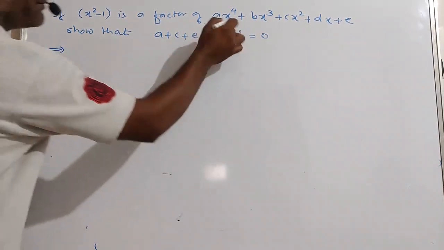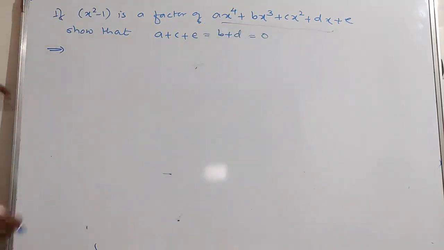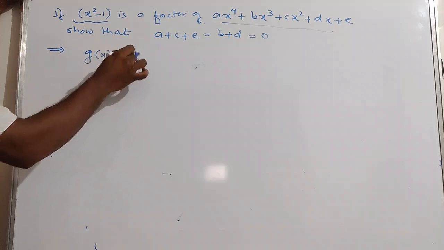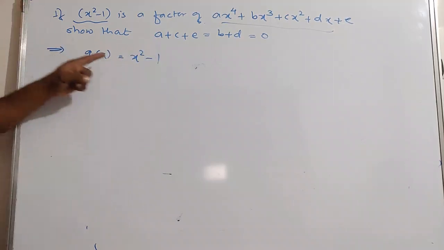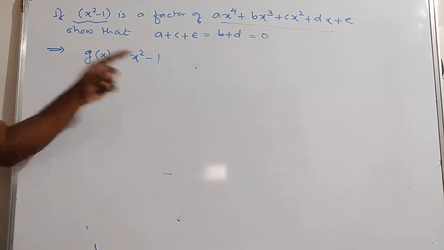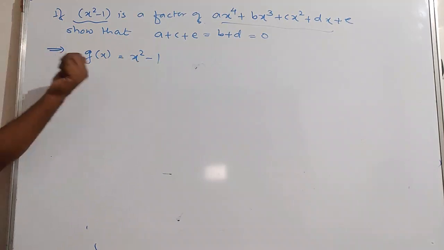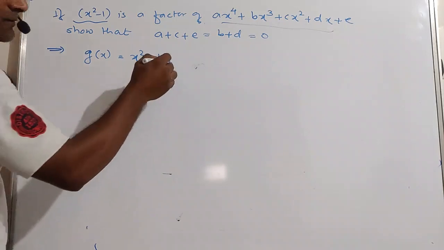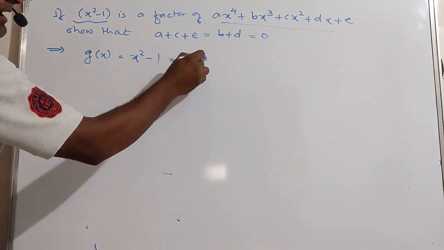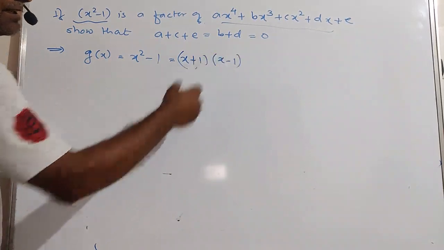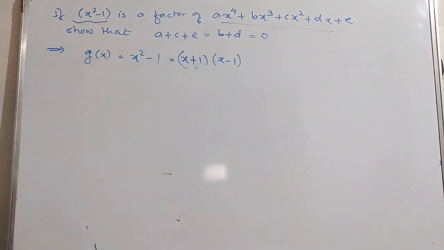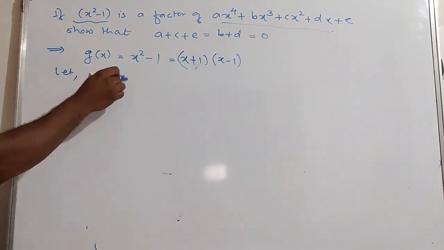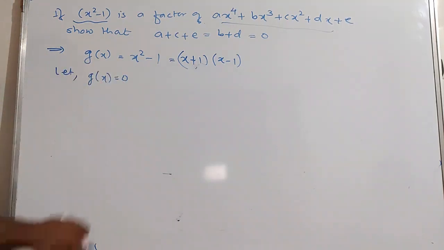Now this is a given p of x here, and g of x is x square minus 1. So here I can use the identity a square minus b square, that is a plus b and a minus b. So x square minus 1 I can write as x plus 1 times x minus 1. Okay. So let g of x is equal to 0. I consider g of x as 0.